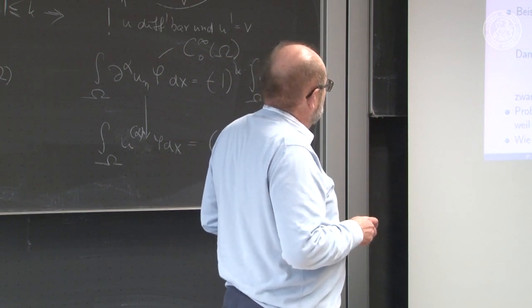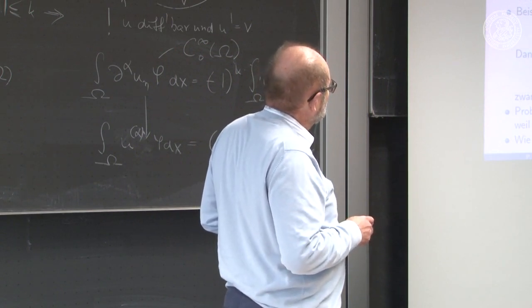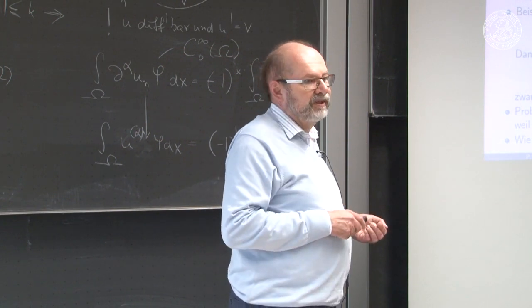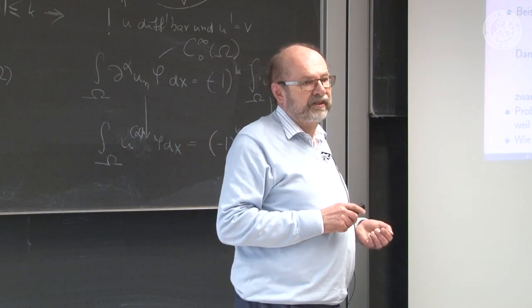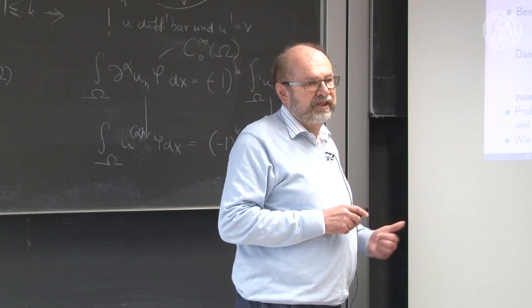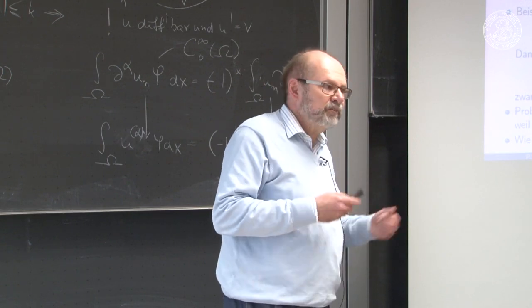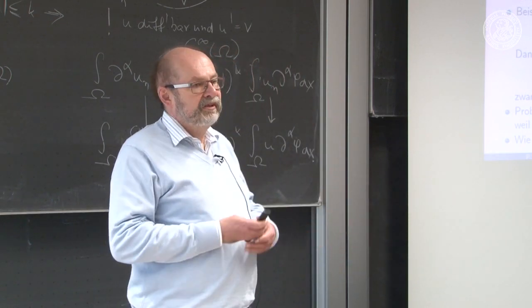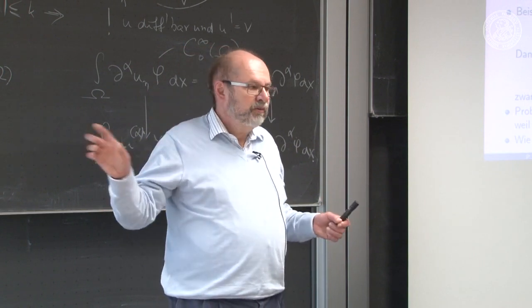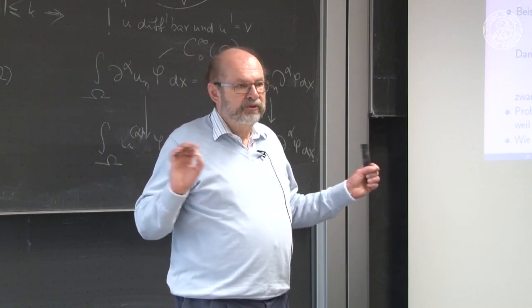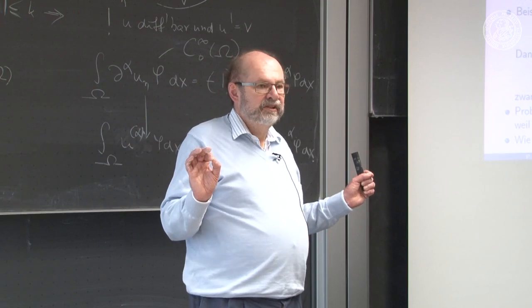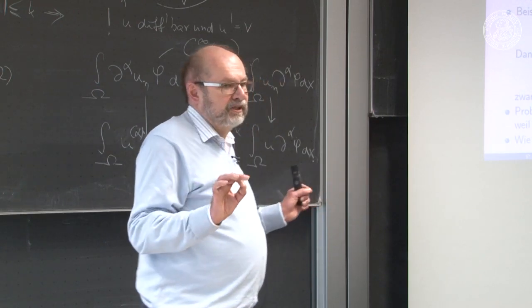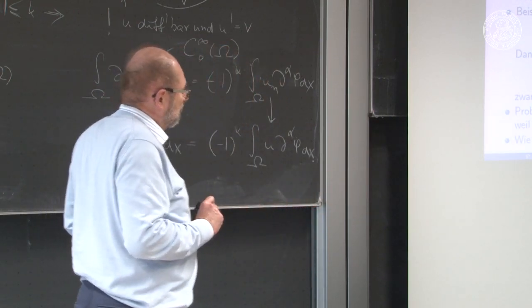It would be no problem if the functions were continuous, but unfortunately they are not, up to this special case of one space dimension. In one space dimension there's no problem. We can really say what the function is at the two endpoints of the interval, but in more than one dimension it's a little bit more problematic.